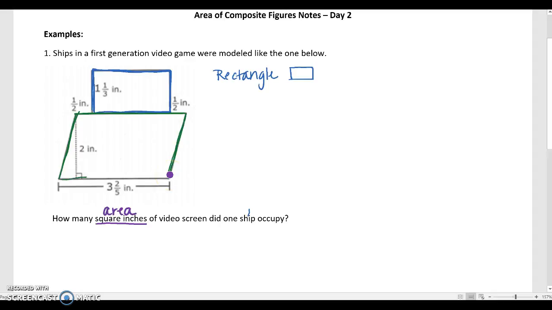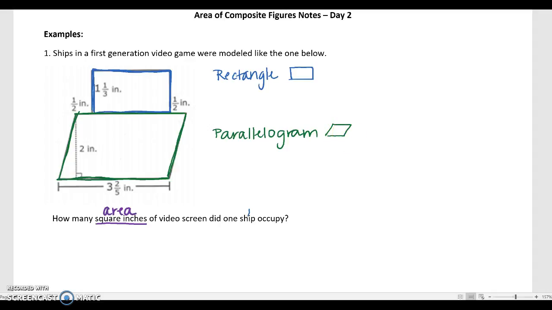So these are two fairly easy shapes to find the area of. I write my parallelogram. And draw my little picture so I don't forget.